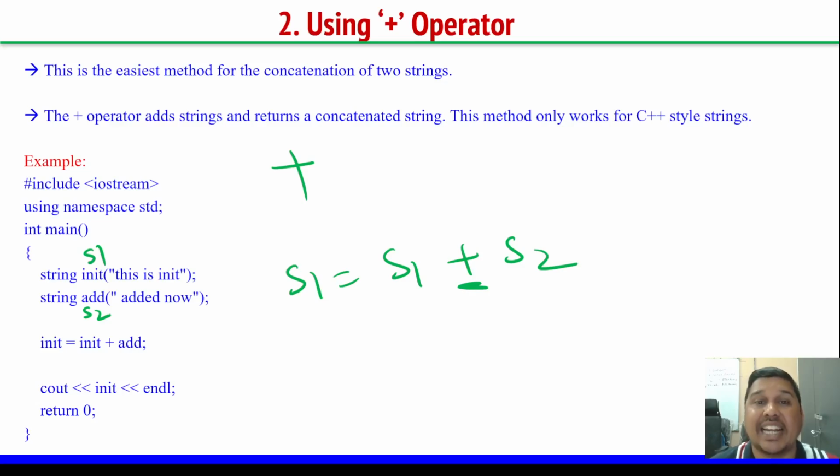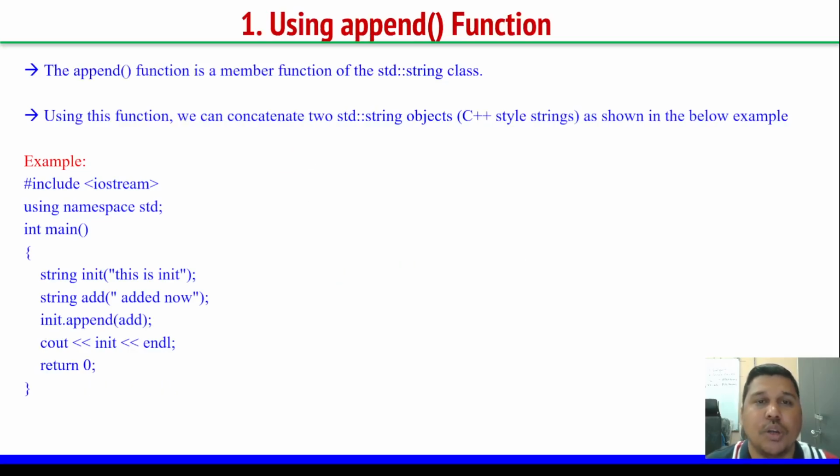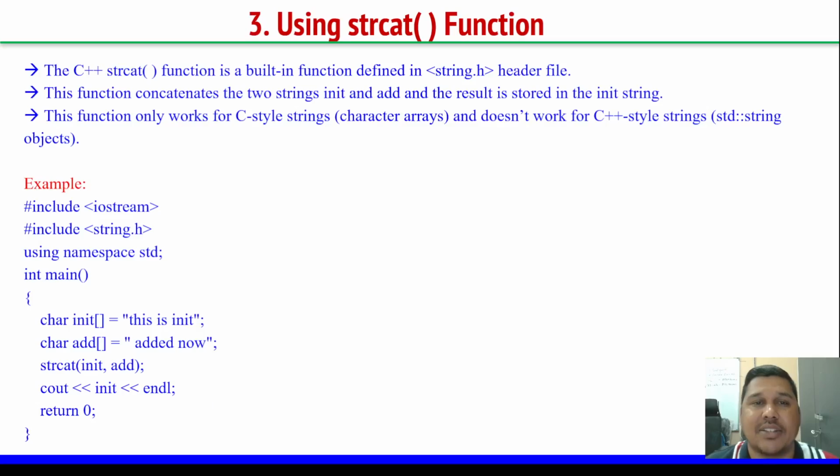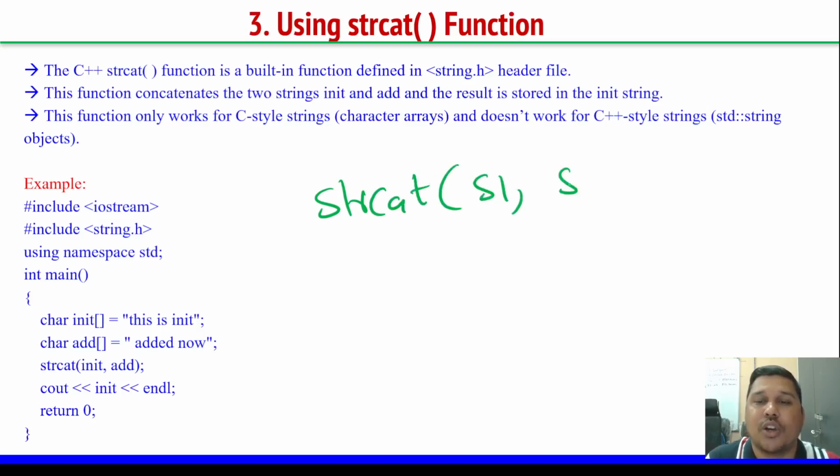So, this will perform the concatenation of two strings using the plus symbol. This is simple, I am just quickly going through, because it is like the append function S1 dot append of S2, just put plus, it adds.